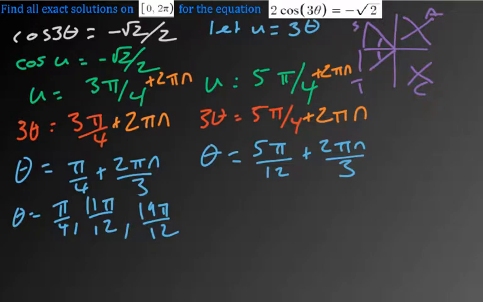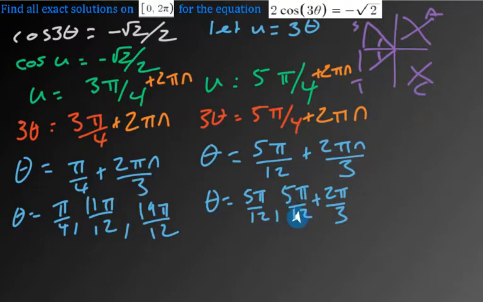And then for the second one, we definitely get a 5 pi over 12, right? That's where n is 0. And then same kind of thing, we could do 5 pi over 12 plus 2 pi over 3. And if we think in degrees, because again, maybe it's easier, this is 75. 75 plus 120 is 195, so this should definitely be included, right?